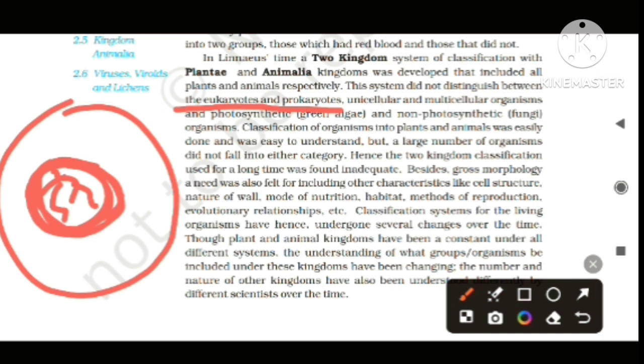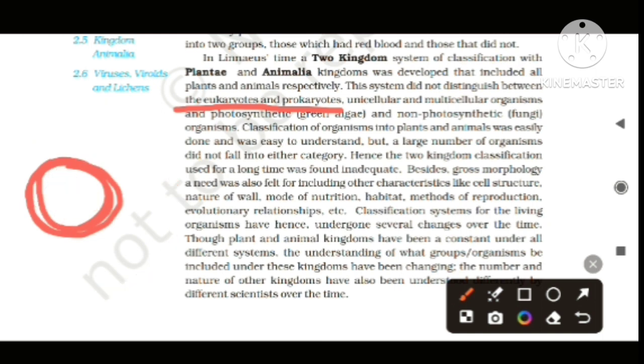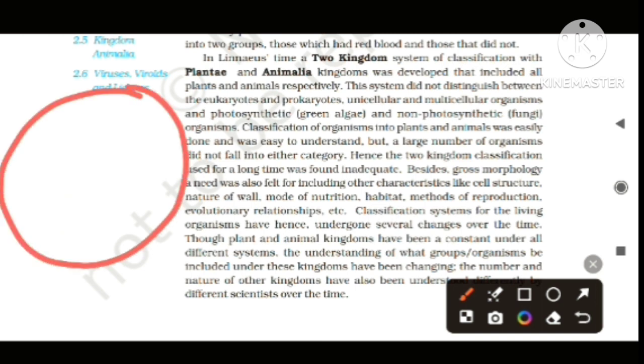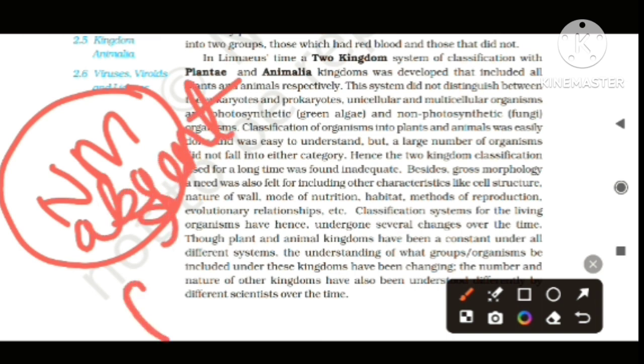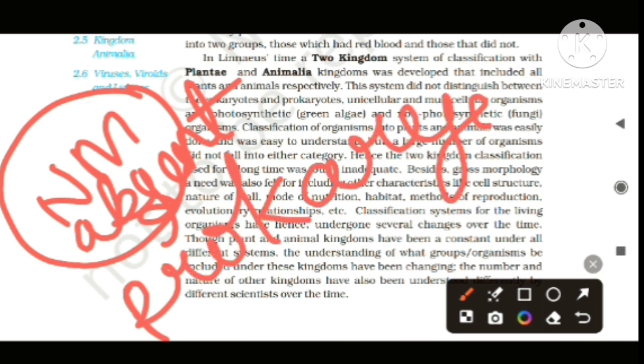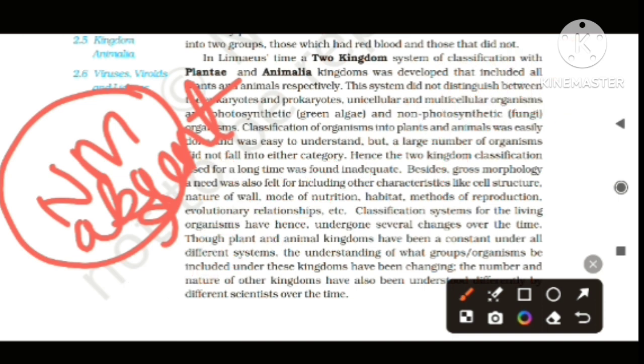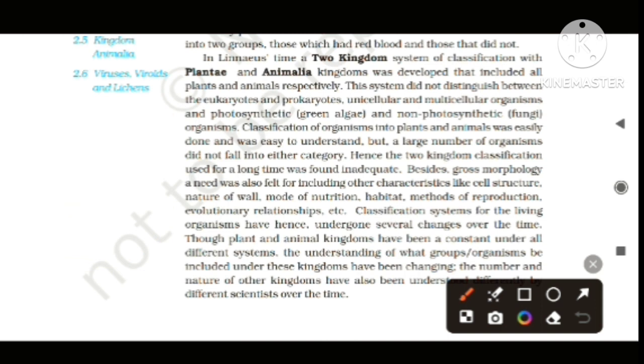But in prokaryotes, there is no nuclear membrane in the cell; the nuclear membrane is absent. That's why they were classified as prokaryotes. Remember it. I will give a trick for it. Eukaryotes have a nuclear membrane. Prokaryotes do not have a nuclear membrane.